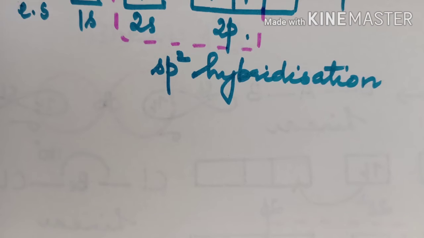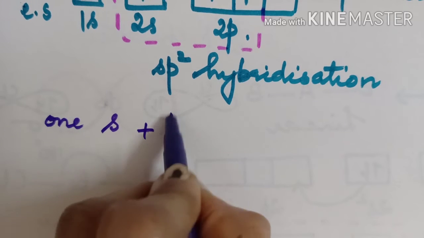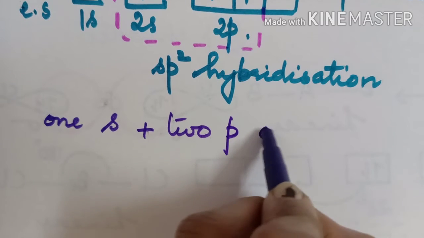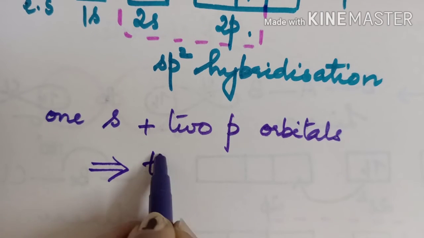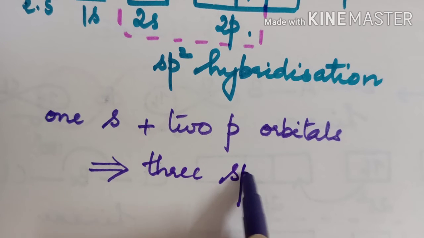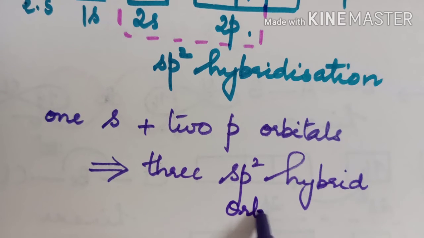So on mixing one s orbital with two different p orbitals, we get 3 sp2 hybrid orbitals. And these 3 sp2 hybrid orbitals are almost having similar shape and geometry, and they have to be aligned at the corners of a trigonal planar structure.